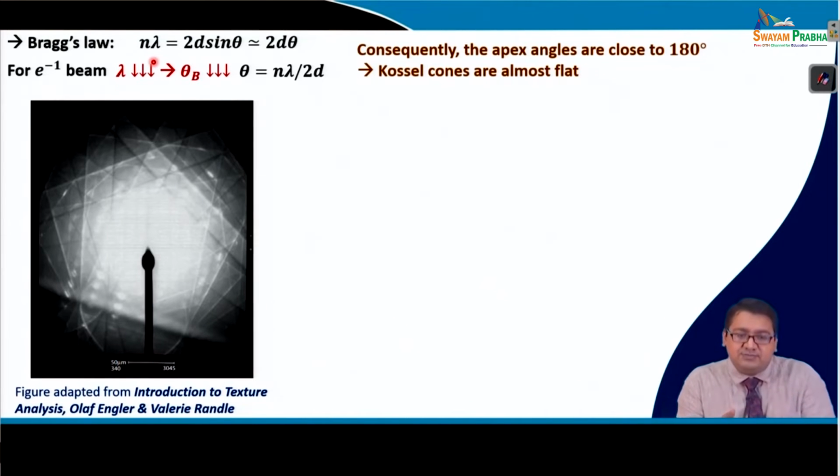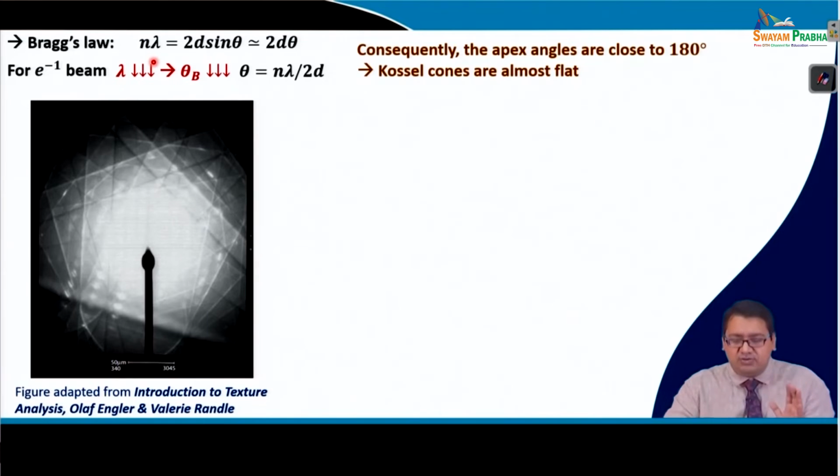So, theta is basically n lambda by 2d, which is so small, and therefore, because of this small theta, which is in the order of 10 to the power minus 2 radians or something, the apex angles of these Kossel cones, you see we form these cones like this from a single HKL plane, and the apex angle is almost close to 180 degrees.